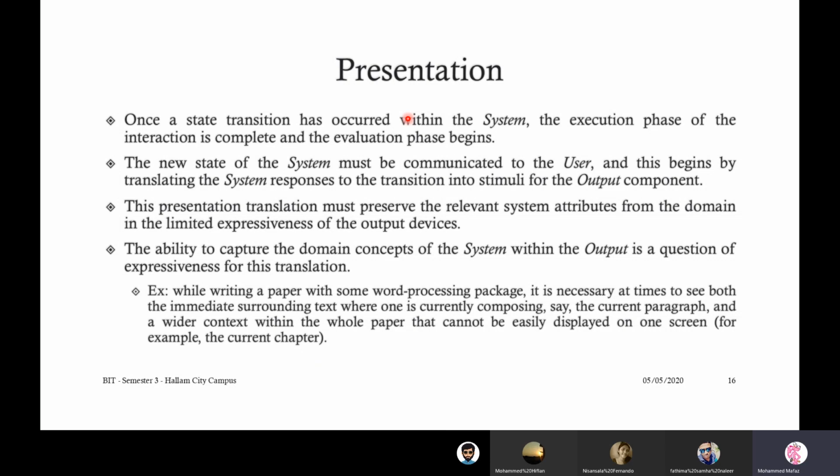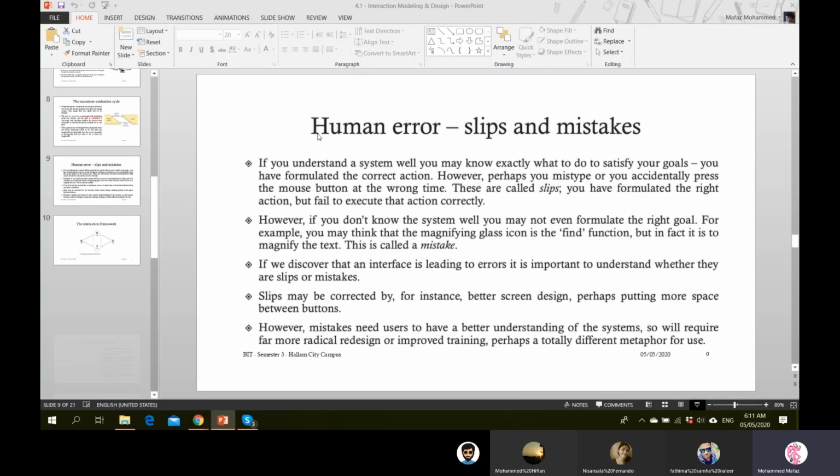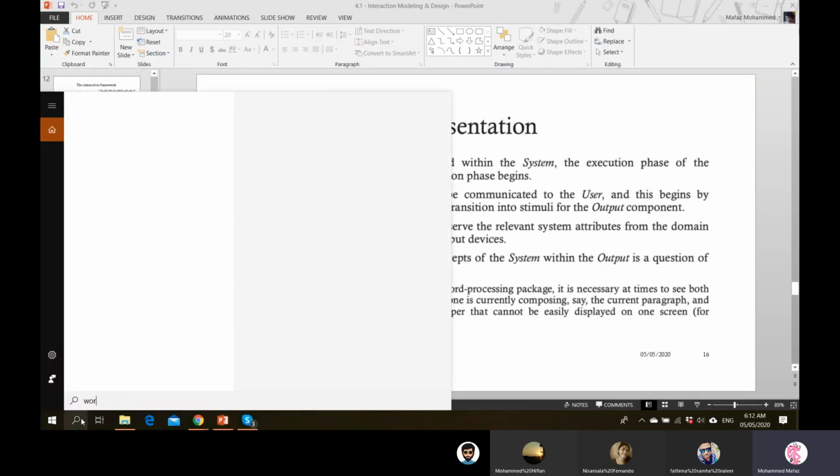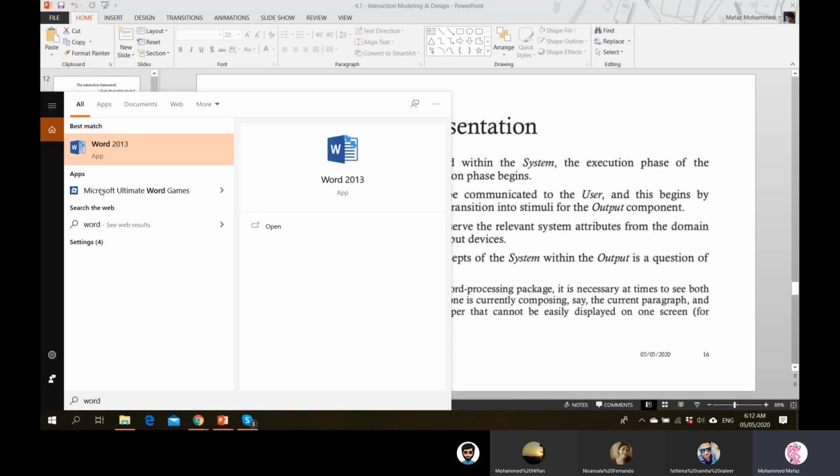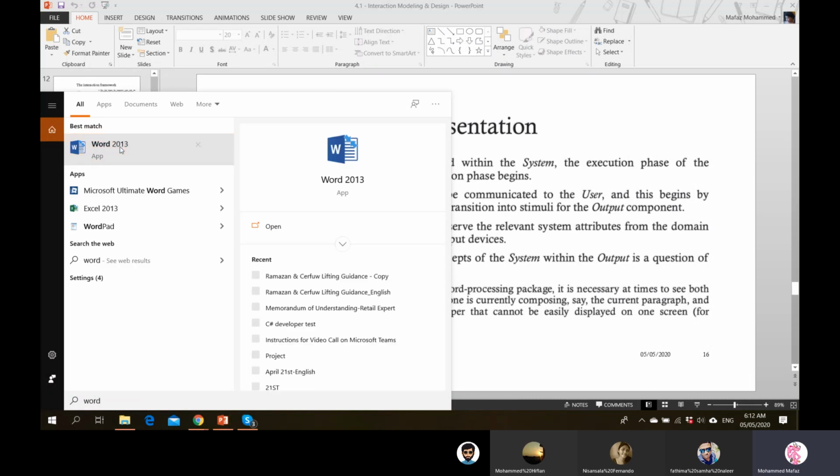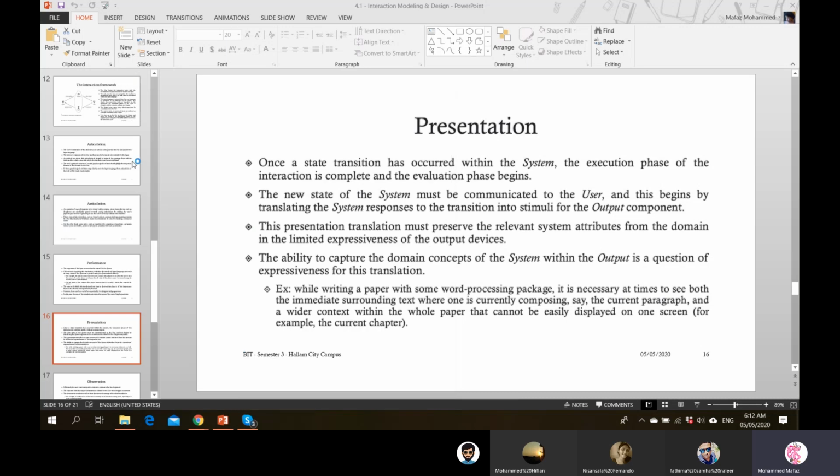Because they may be focused only on the text, but they don't care how many pages it is actually going to take when they send it to the printer. I hope you already know. Just giving you context there. So those are some challenges in presenting information to the user, or in the output limitation.